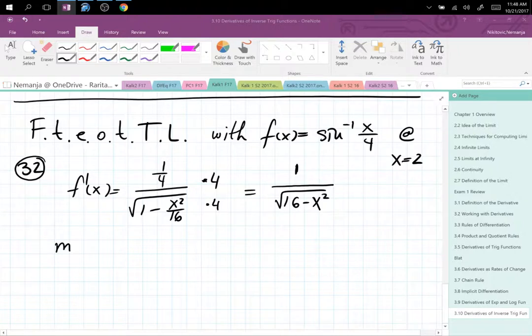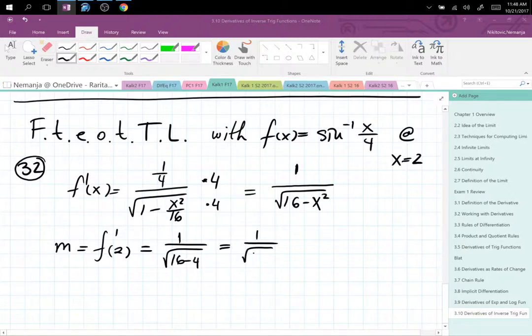So now m is when I plug in the value, which is 2, and I have 1 over square root of 16 minus 4, which is 1 over square root of 12, which is 1 over 2 root 3. Right, 12 is 4 times 3, square root of 4 is 2. Rationalize this with root 3 to get square root of 3 over 6.